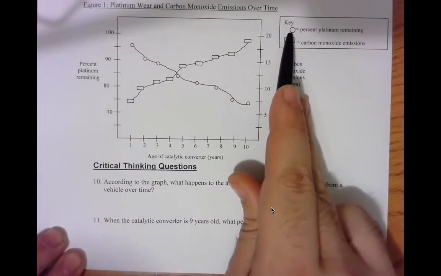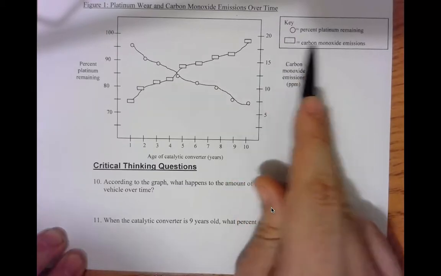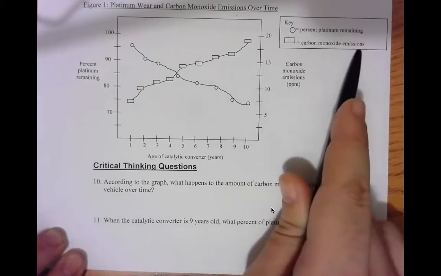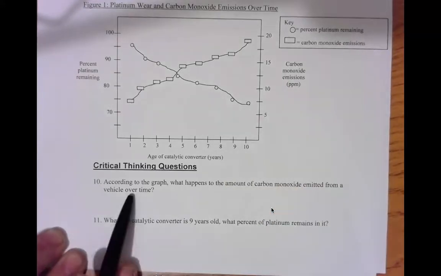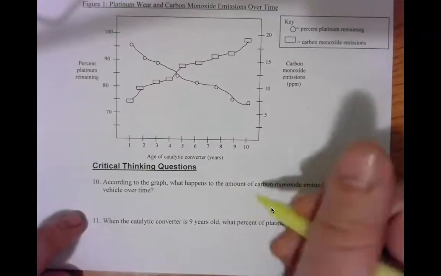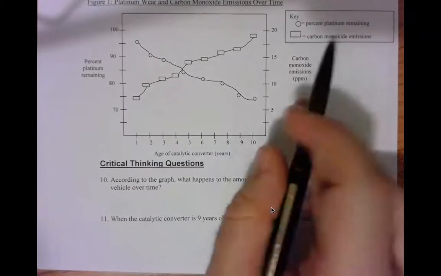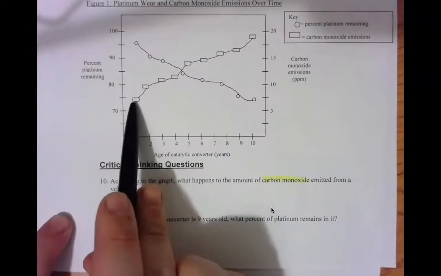It tells us that the circles are percent platinum remaining, and that the rectangles are the carbon monoxide emissions. So when it's asking about the carbon monoxide, we know that it's talking about the rectangles.